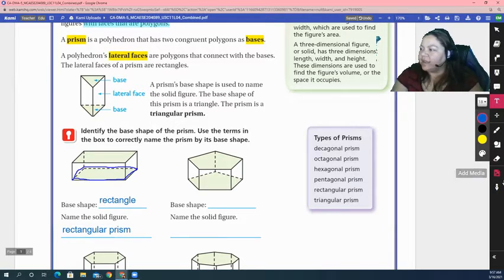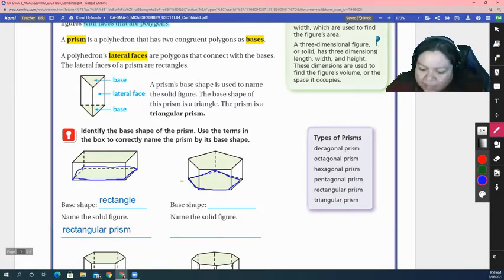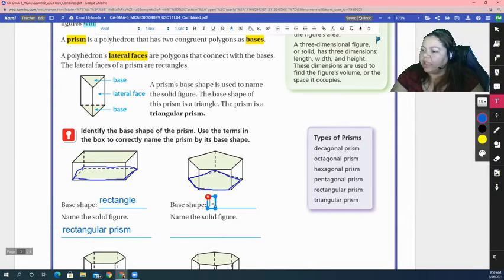Here, let's look at the next one. Let's look at the base. We have 1, 2, 3, 4, 5. It has 5 sides, so that means that it's a pentagon. And we have our list here too: decagonal prism, octagonal, hexagonal, pentagonal. So we can relate that to what we learned on the last lesson.